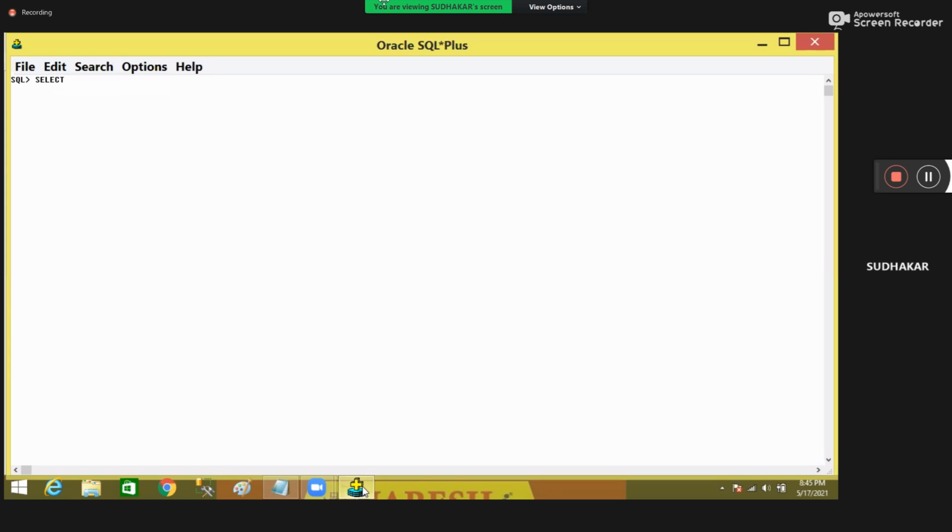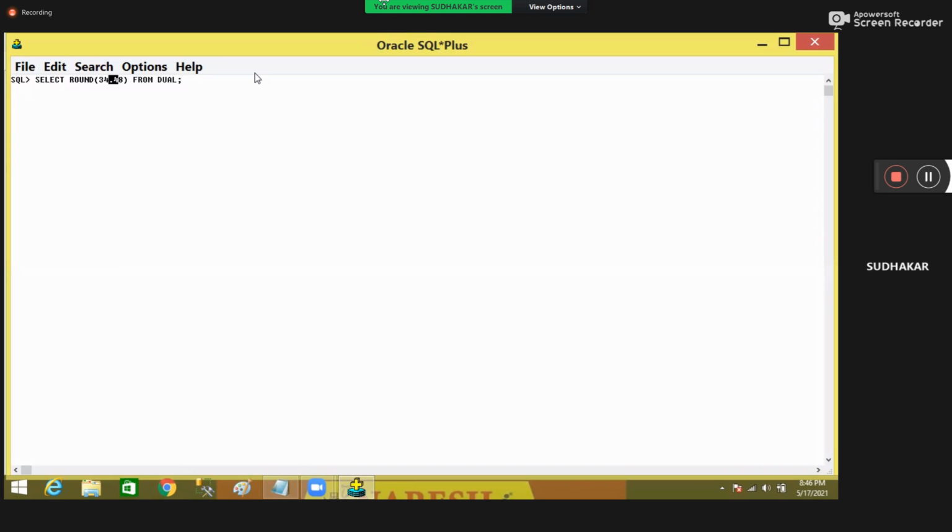Now observe, for the round function, let us see. For example, I'm selecting the round of a simple expression, suppose 34.48. After the point, the value is less than 0.5.